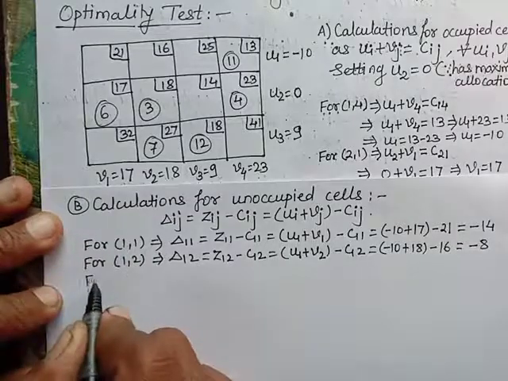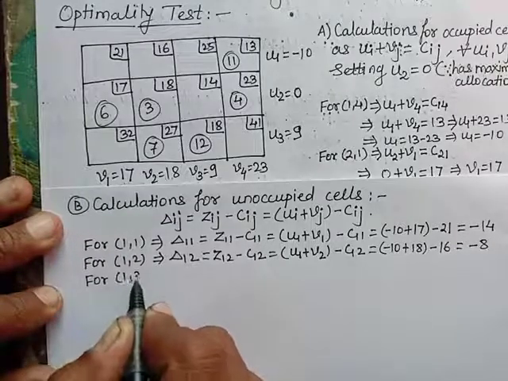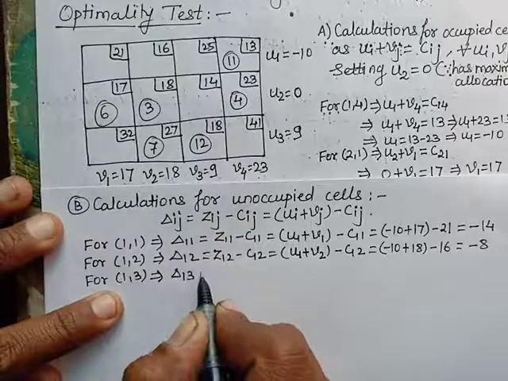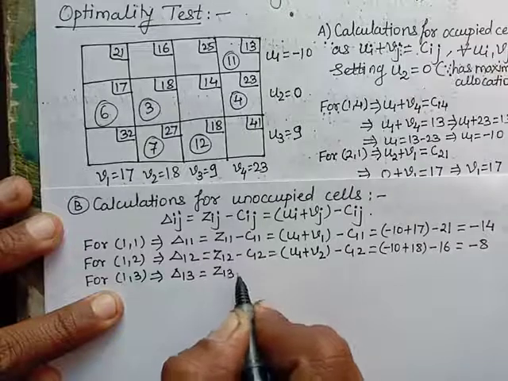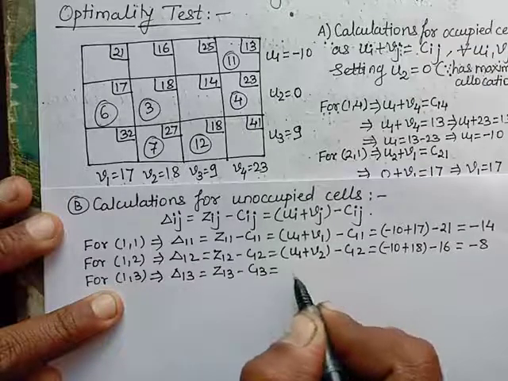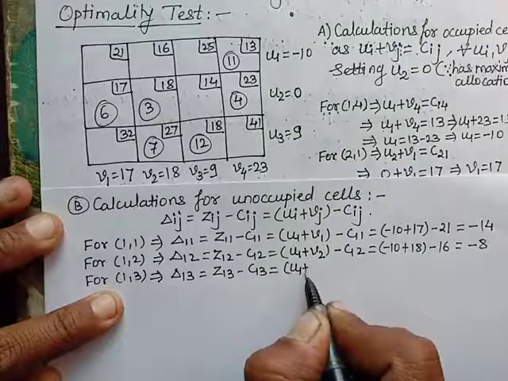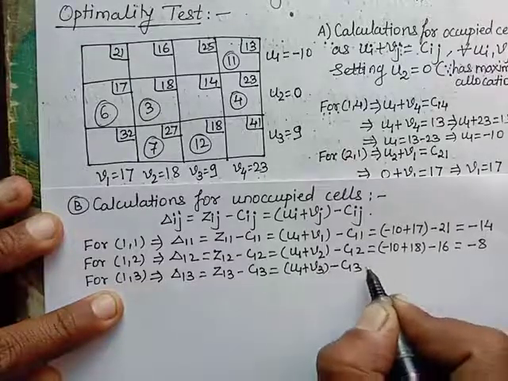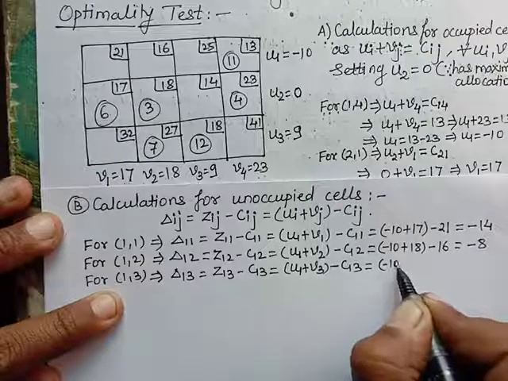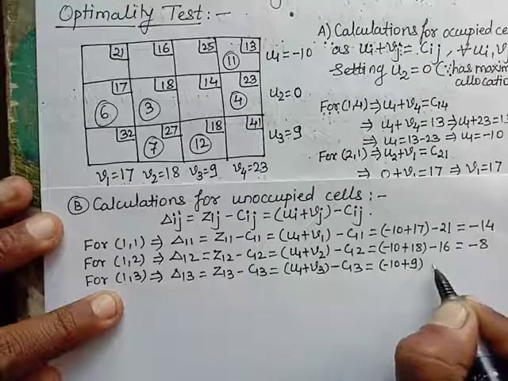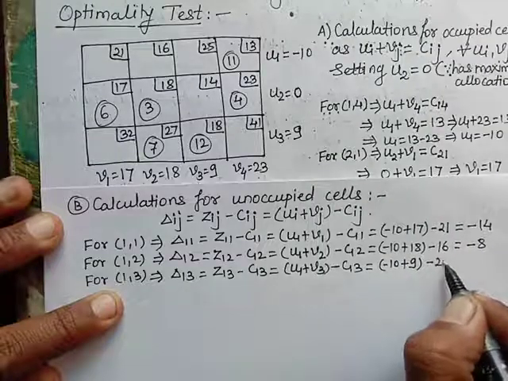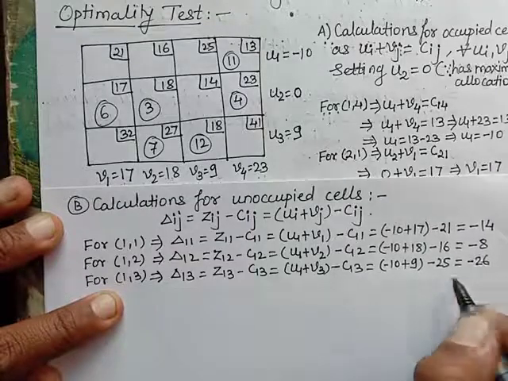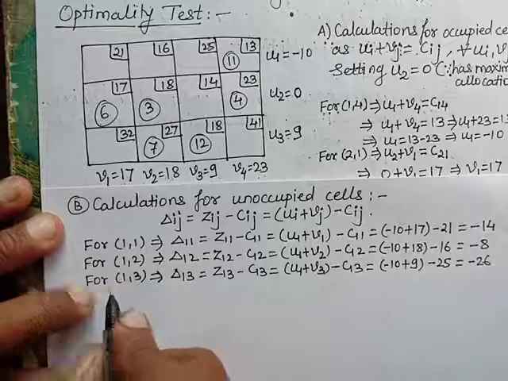For 1,3, delta 13 will be Z13 minus C13, equal to U1 plus V3 minus C13, equal to minus 10 plus 9 minus 25. This is minus 1 minus 25, so minus 26.